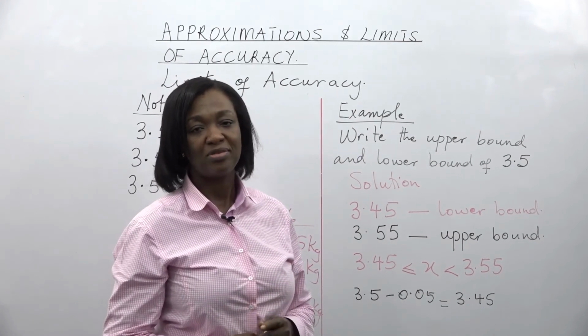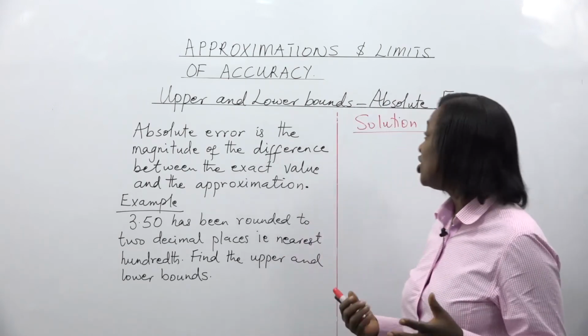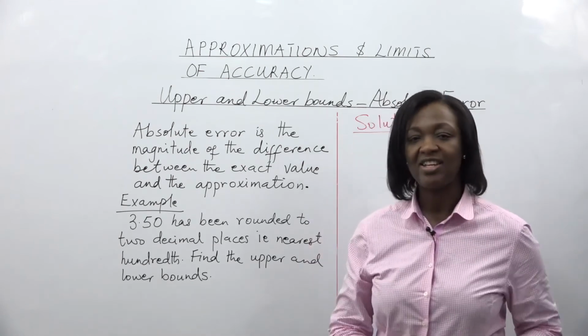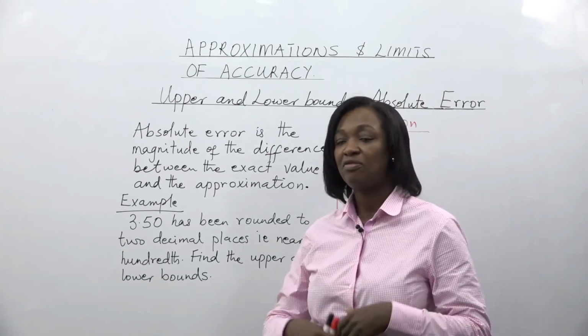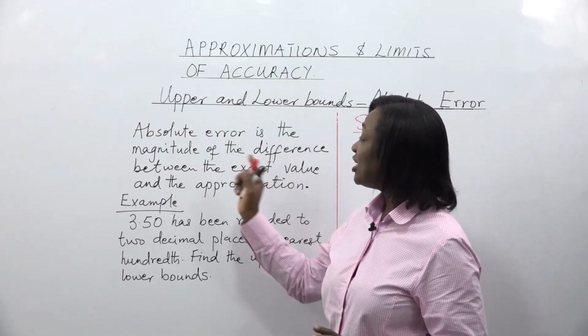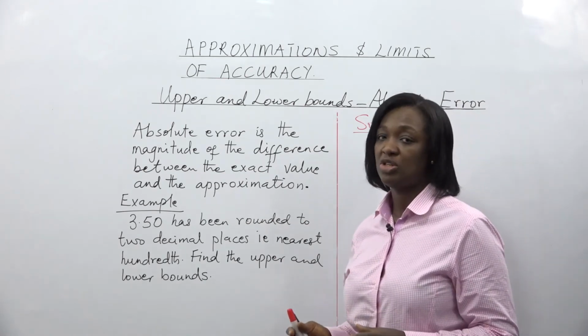We'll take more examples. We want to look at upper bounds and lower bounds, but actually looking at absolute error, how to actually find upper bound and lower bound of values that we have. Absolute error is the magnitude of the difference between the exact value and the approximation.